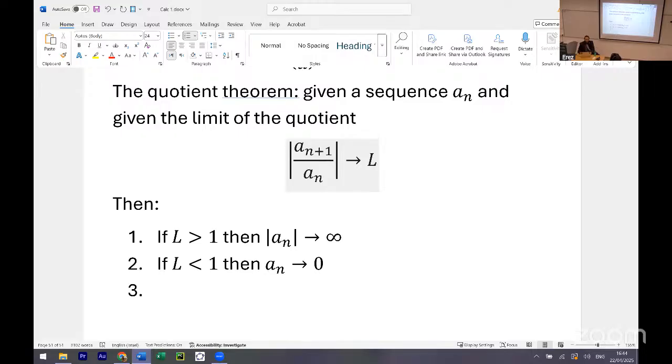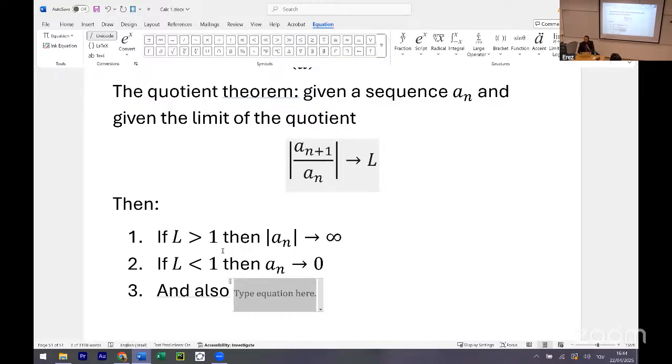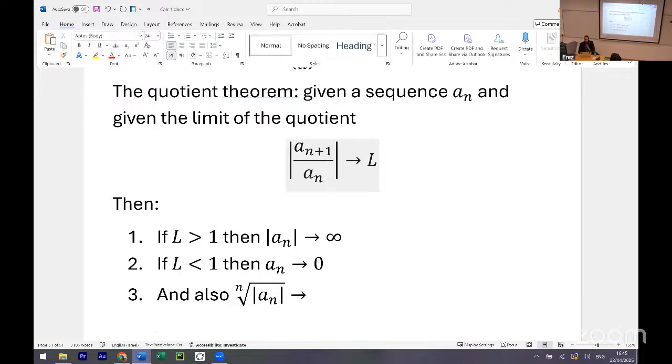And also, if I look at the nth root of a_n, can you guess what this tends to? Before I write the answer, I will give you the explanation.